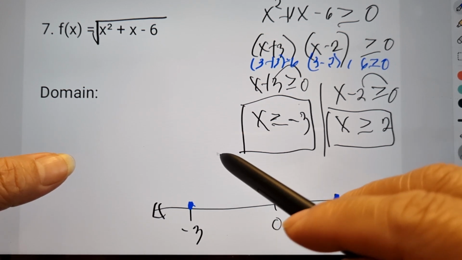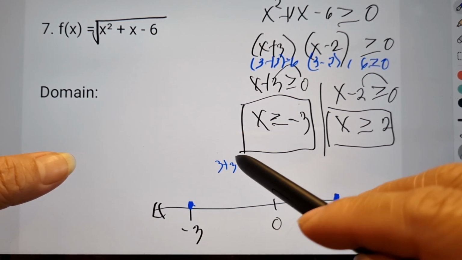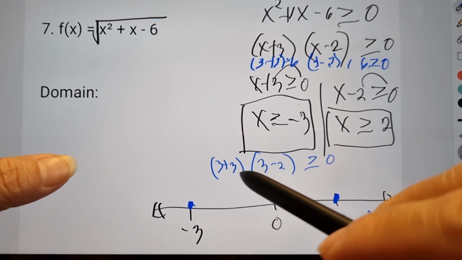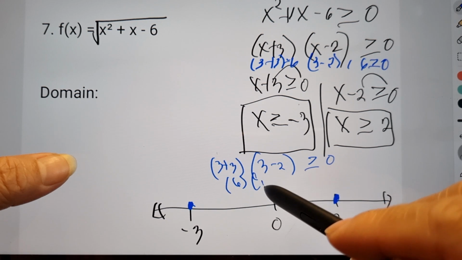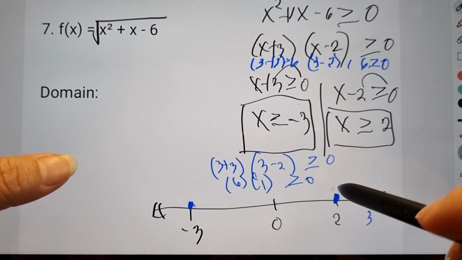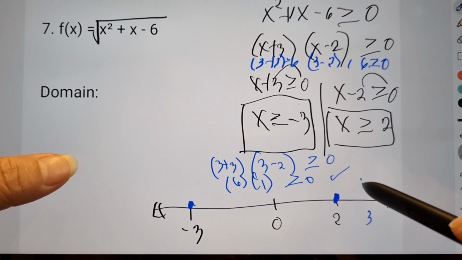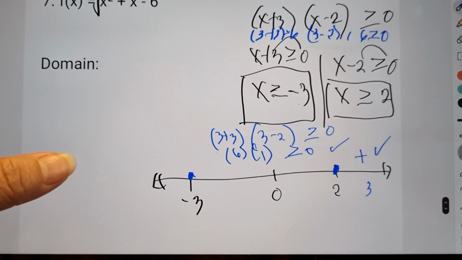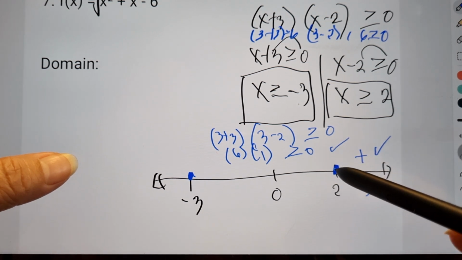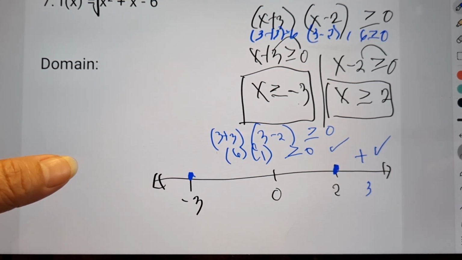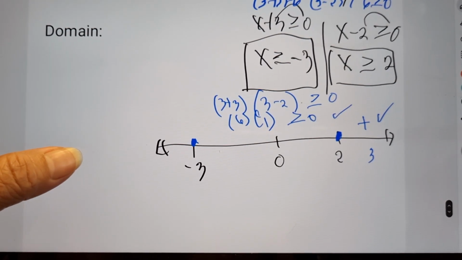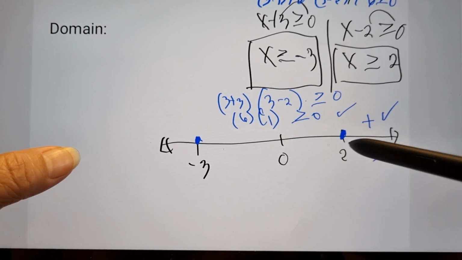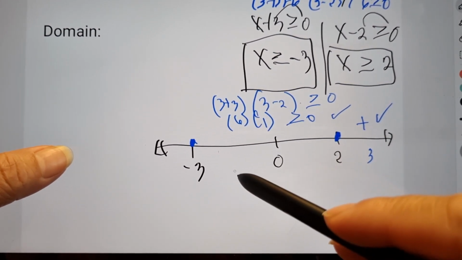So ngayon, pag ititest natin ay 3, 3 plus 3 times 3 minus 2, greater than or equal to 0 ba siya? So 6 times 1 is greater than or equal to 0, which is true. So ibig sabihin dito positive, kaya yan ay solution. Lahat ng numbers na makikita dito kasama ang 2 going to the right ay considered as domain.